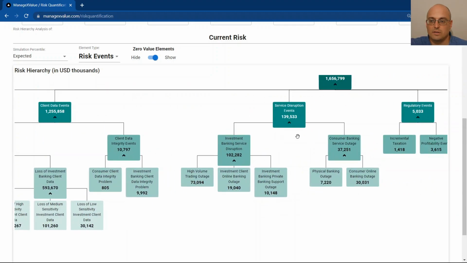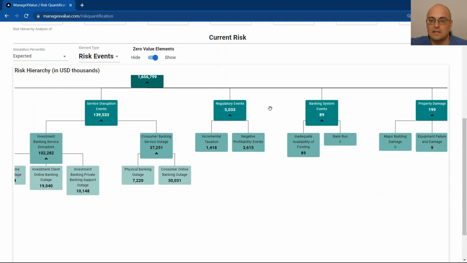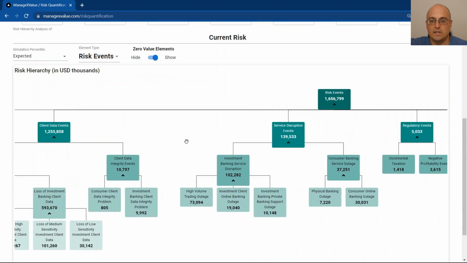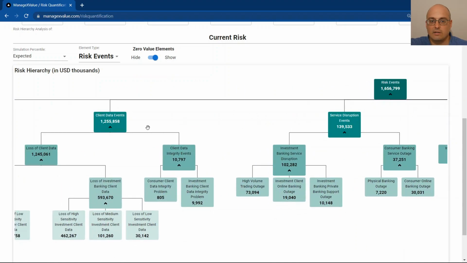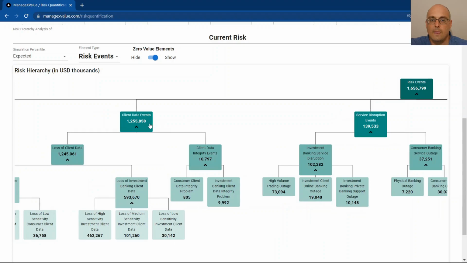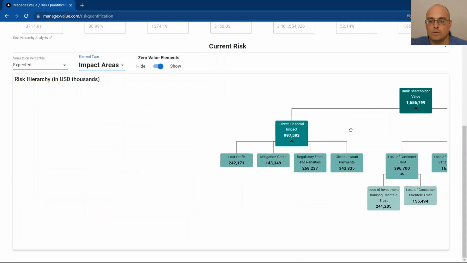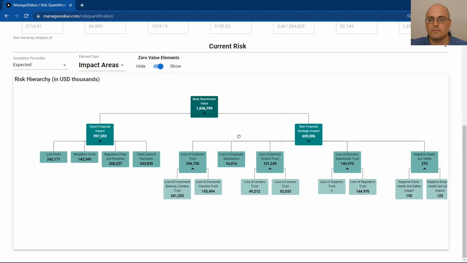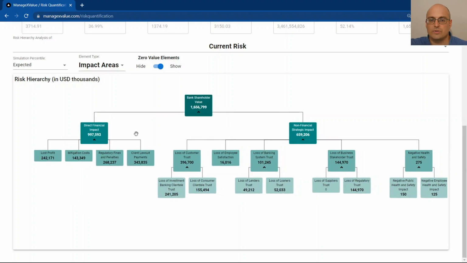There are service disruption related risk events and other enterprise risks, but as we can see, a significant portion of the risks focus on the client data events. From an impact perspective, that's not necessarily important for this analysis, but what you see here is direct financial impact and non-financial impact categories.